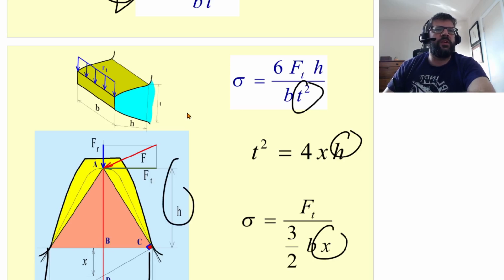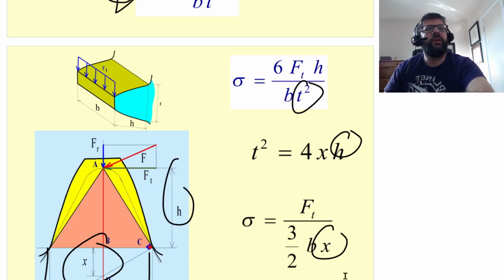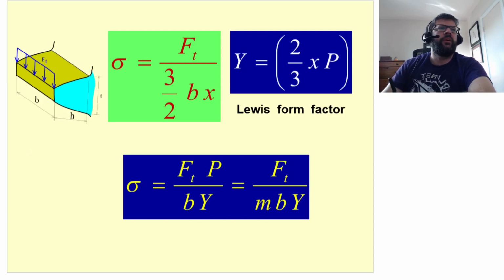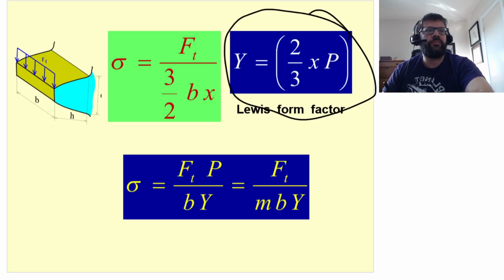So the H and the T are both going to be functions of the geometry. So if you can replace those with this single X value, then that X value is just going to be a function of the geometry. This allows us to sub in what we call a Lewis form factor, which is again a function of the geometry.